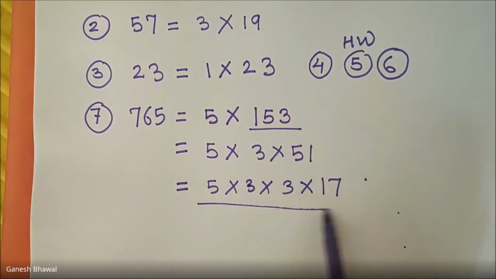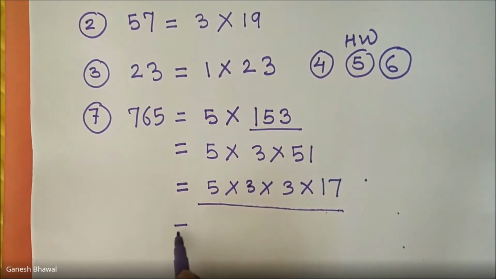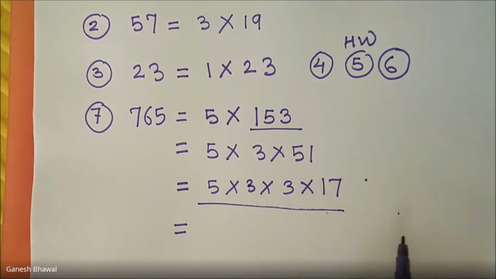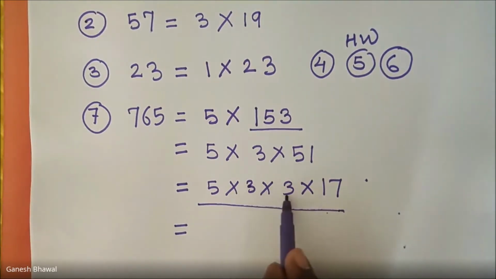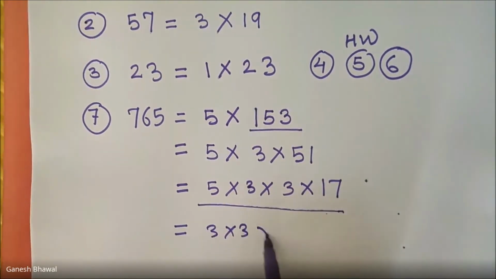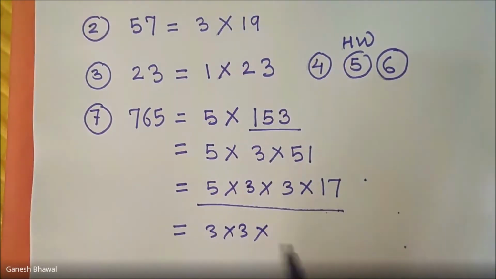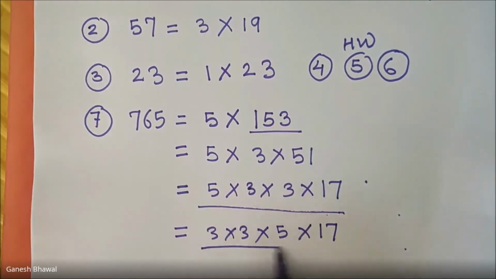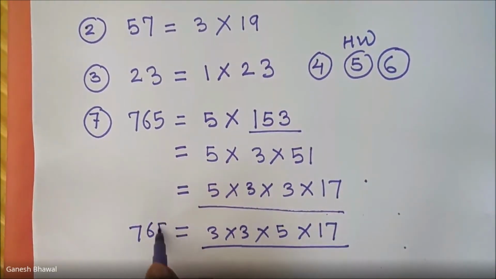This is the answer. Now we will only rearrange in ascending order. The smaller number is 3, so 3 into 3, then 5 and 17. 765.